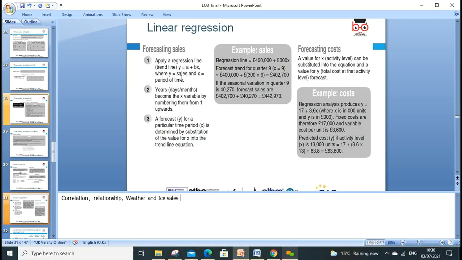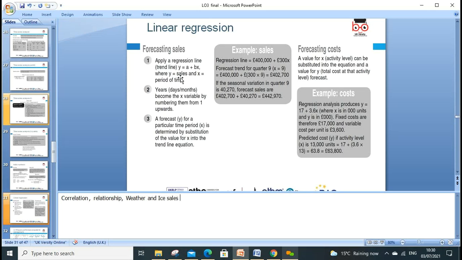So this is all about forecasting. Normally we say y is equal to a plus bx. A is a fixed cost, b is the variable cost per unit, and x is the number of units. If your number of units increase, the total variable cost will increase. So like here, we've been given 300 times 9, and we look at the total cost.